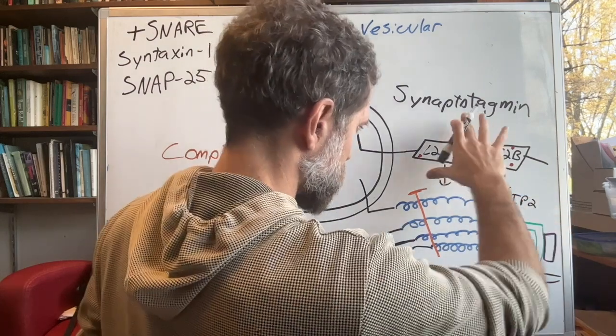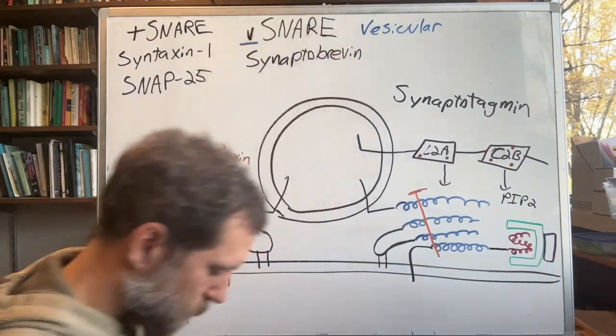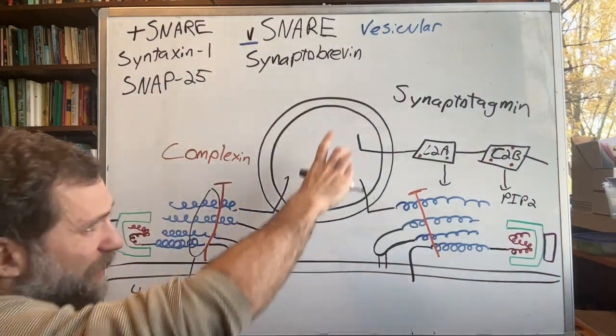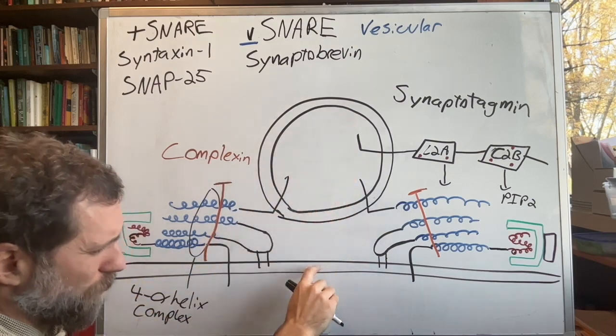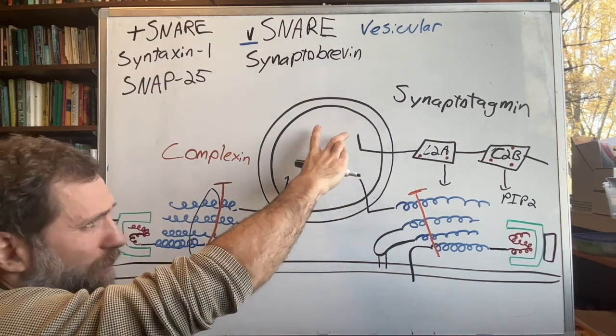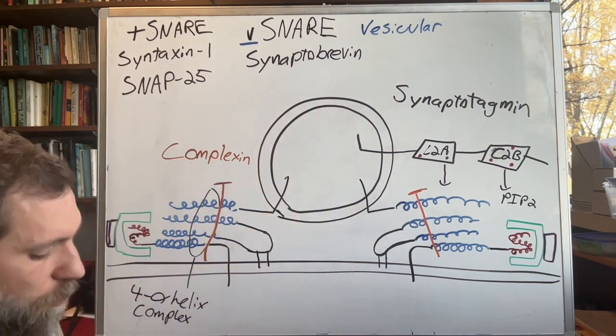So those two elements are bringing synaptotagmin down, which is facilitating the docking and the eventual merger of the vesicle with the membrane, which will open it into the synapse.